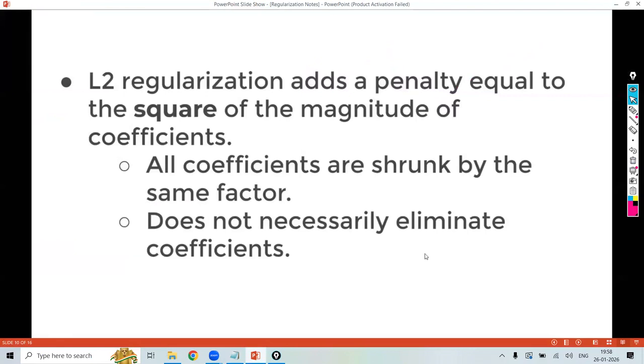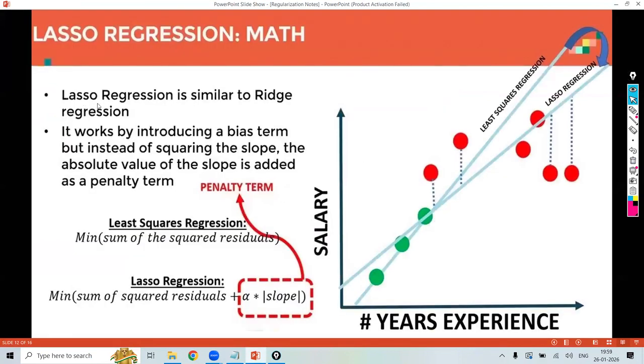Right? Now, lasso. What does lasso mean? Lasso regression is similar to ridge regression. The only difference is the penalty term. The penalty term is alpha into modulus of slope. What penalty term you are going to add?